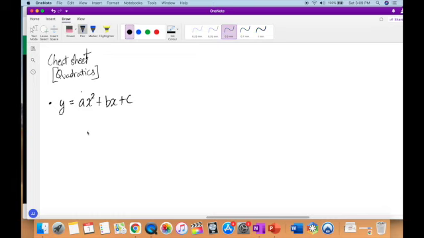A couple of things that we could remember: a quadratic is a curve, and it looks like this, but it only looks like this when a is positive. When a is negative, it actually looks like this.